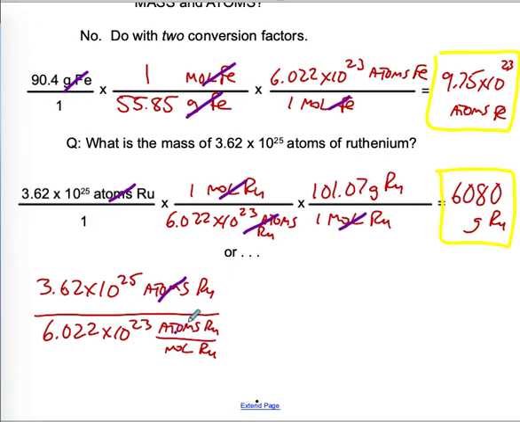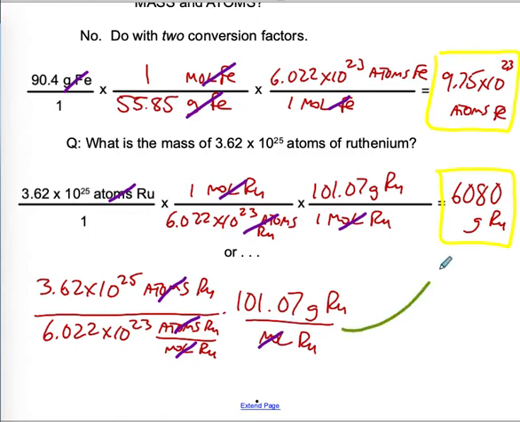Atoms cancel atoms. This whole first expression represents moles of ruthenium, so I can simply now multiply that by 101.07 grams of ruthenium per mole of ruthenium. Mole of ruthenium cancels, and I get, just as before, the same result. Once again, do it whichever way makes most sense to you.